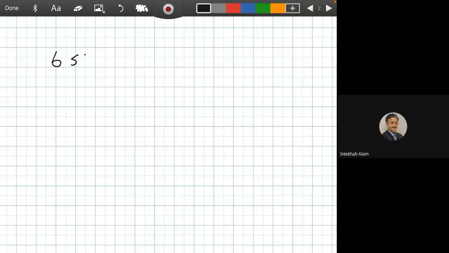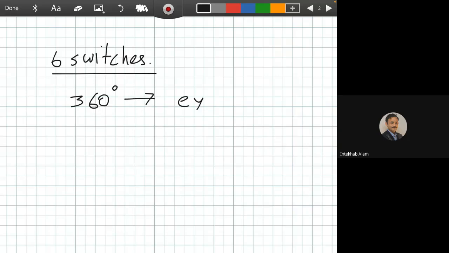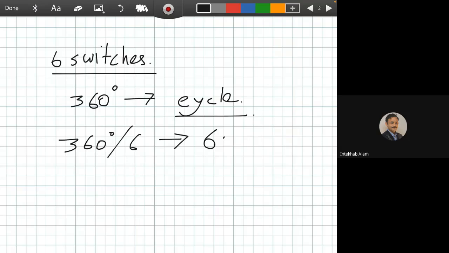We have 6 switches. So 360 degrees is a cycle. If we divide 360 degrees by 6, then it is 60 degrees.